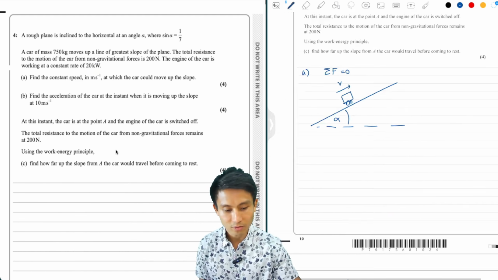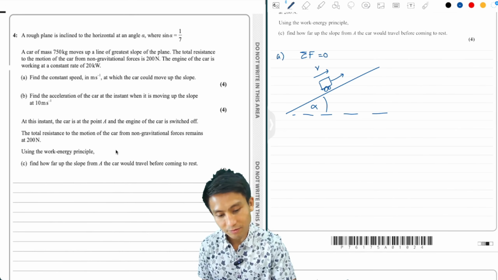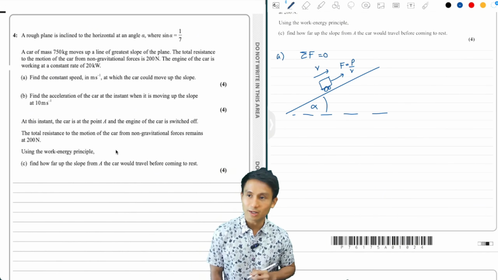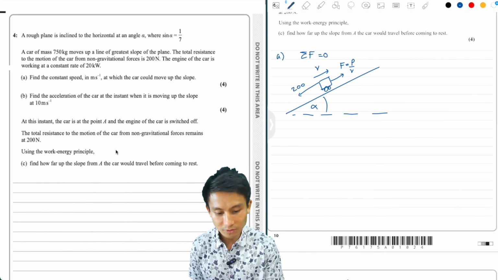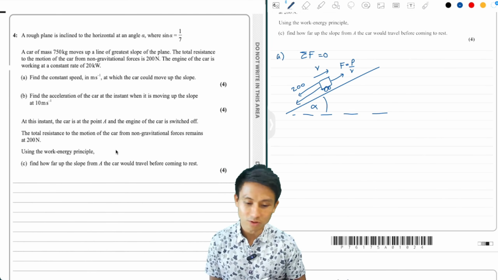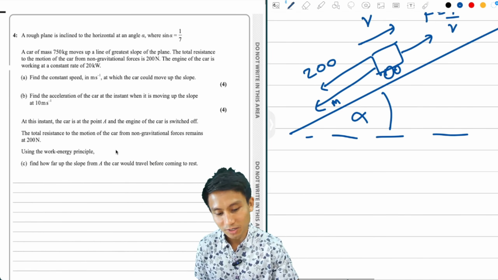That means you're going to have the engine force, which is power over speed, right? You need to know that. And we have the 200, which is the non-gravitational resistive force, and also the weight component, of course, which is the gravitational resistive force, and that is usually mg sin α, right?